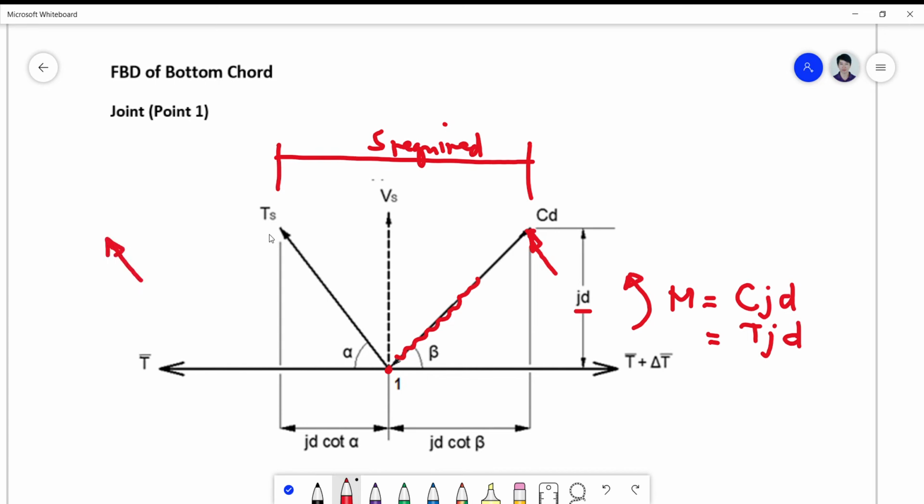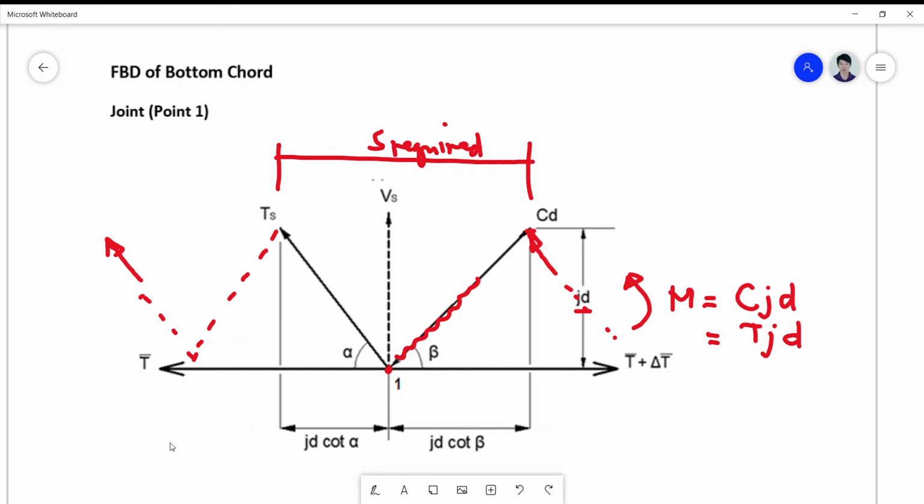So this is the mechanism, a continuous mechanism. So this is now the S, the spacing required for your stirrup to prevent this crack from propagating from point 1 up to the top of your pier.